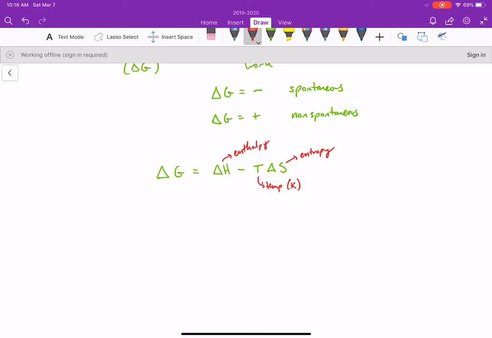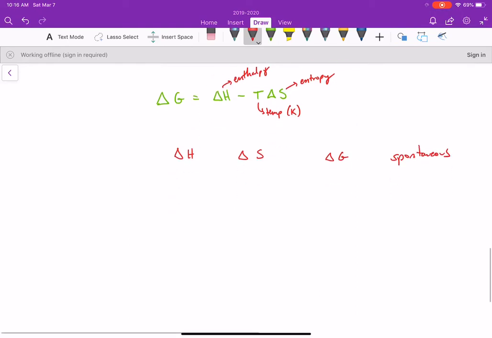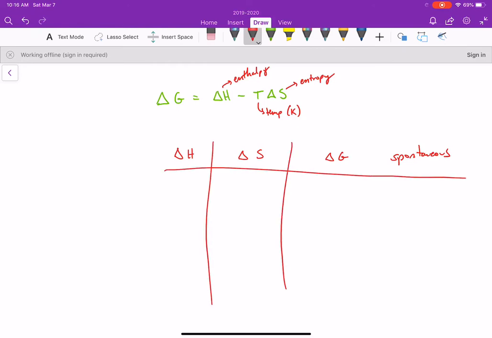All right, so let's see if we can figure this out. So let's make a little chart here. And then we'll call it a day. So there's going to be 4 different possibilities here of sign combinations.